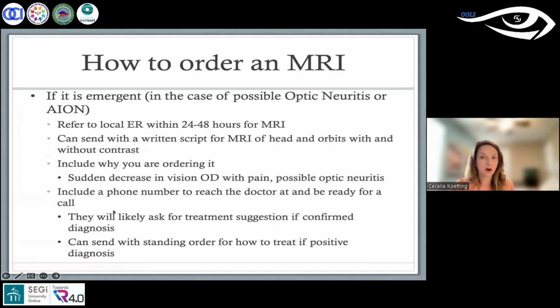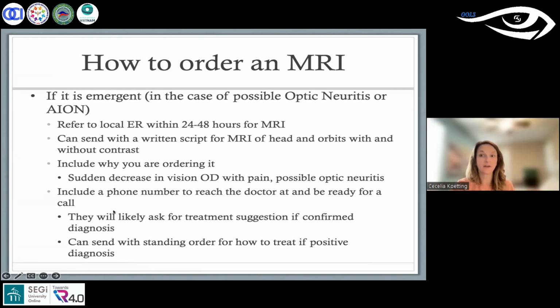Now, how to order an MRI? Again, a little bit different, even state to state and city to city in the United States. But overall, it's good to know when it's something that needs to have it done, like an MRI, immediately, versus this could wait a week. So when you're ordering it, I know for me, I have to decide if it's emergent, if they need to have it within 24 to 48 hours, I'm probably going to send them to the ER.